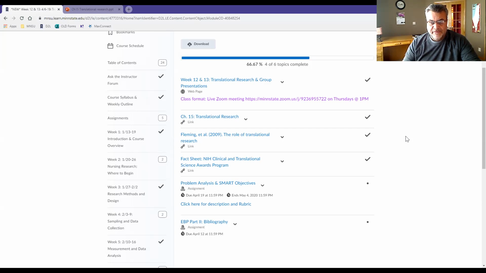So for this week, we have chapter 15 in the book. I hope you have a chance to read it, because this will make a lot more sense. Also, strongly recommended, I would read the Fleming et al. as an example of applying or explaining the role of translational research, even though it's not specifically one clinical problem, but addresses some of the disparities in care at a larger, more public health scale.